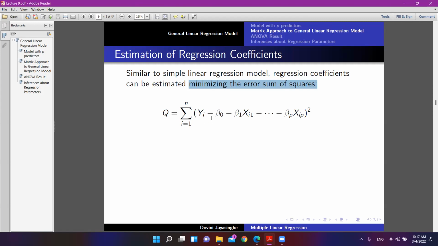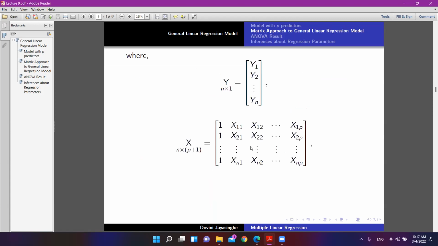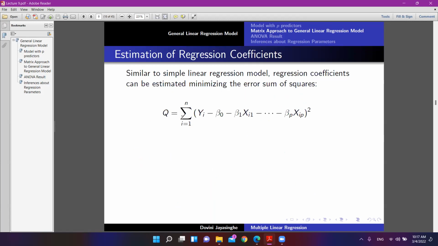From the response, you have to subtract all these. If you want to isolate the error, you have to subtract all these from the response, right? And you consider the squared summation of errors. You take the squared sum, and that is Q.